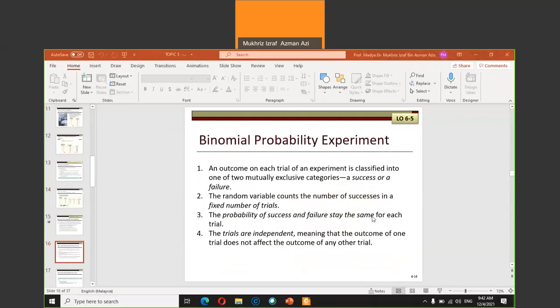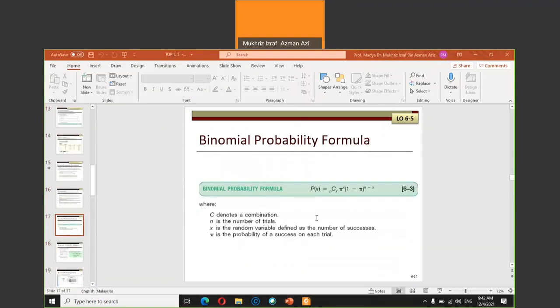Whether you increase the number of n, the value of pi will remain the same. So there are three components that you apply in the formula: n, X, and pi. Pi means the probability of success, and n reflects the number of trials.